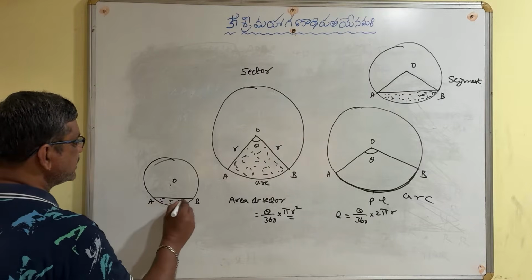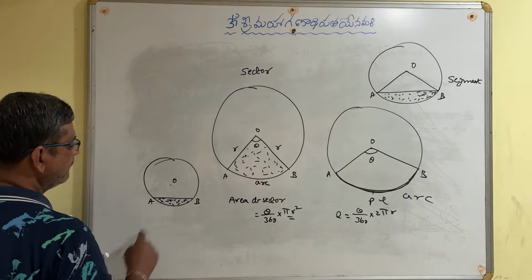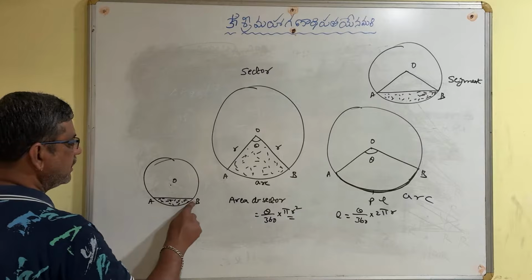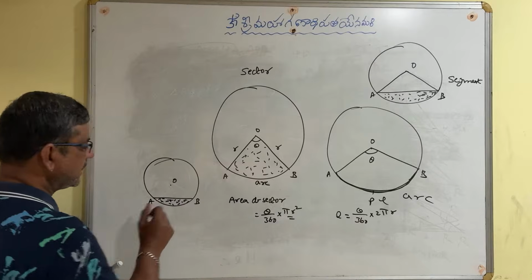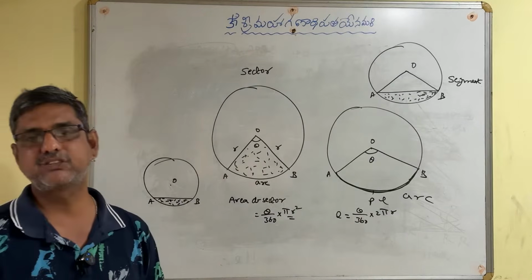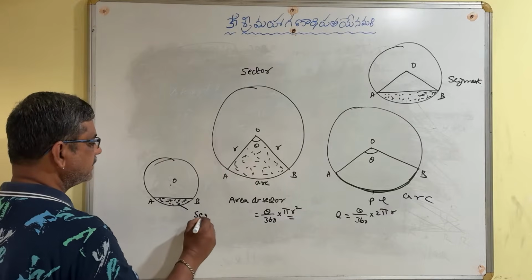If you see this region bounded by chord of a circle and its corresponding arc, that region we can call it as segment area, area of segment. This one is a segment.